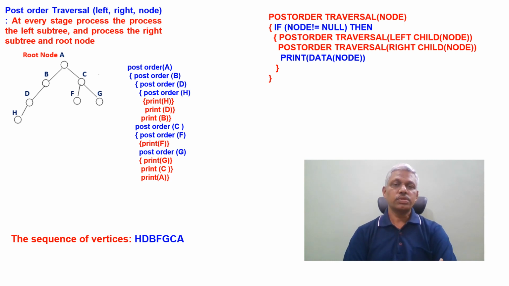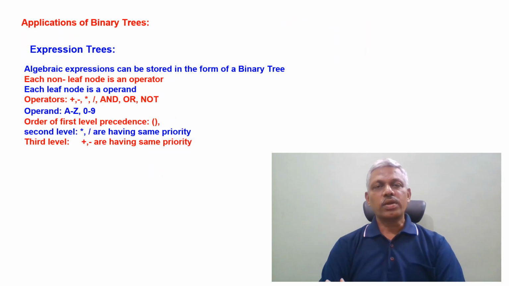So the sequence in which the vertices are visited is H, D, B, F, G, C, A.